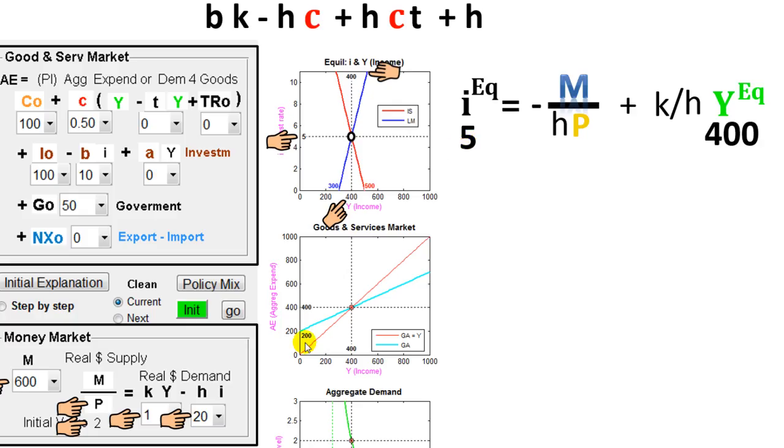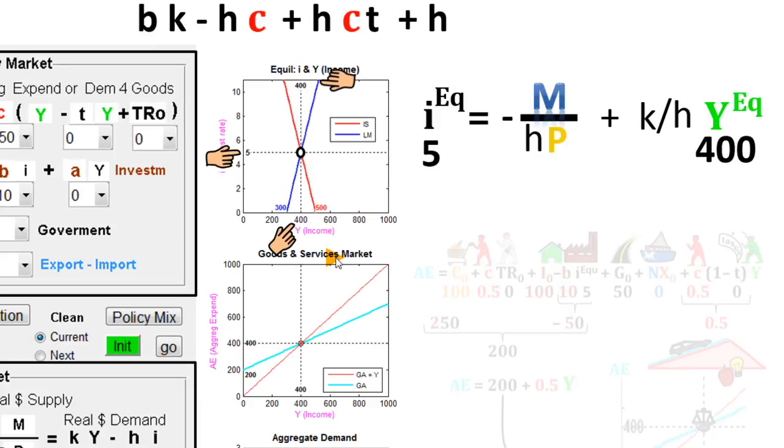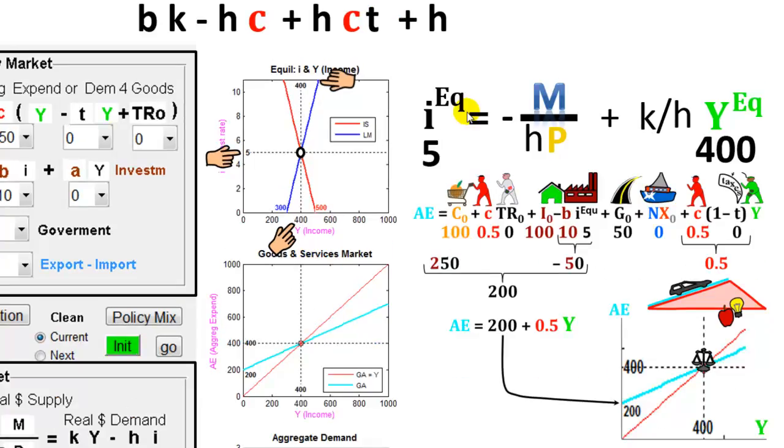Now if I want to find out this curve, especially the intercept 200, then I go to the goods and services market and I use this interest rate in equilibrium, which is 5, and then I do the math and I find that the intercept is 200 and the slope is 0.5.